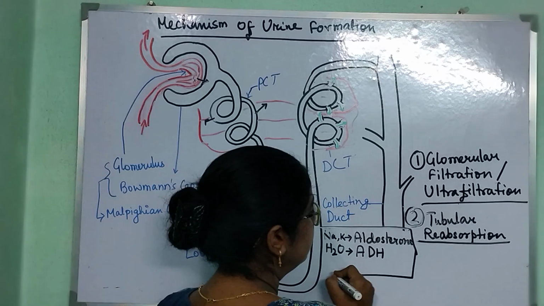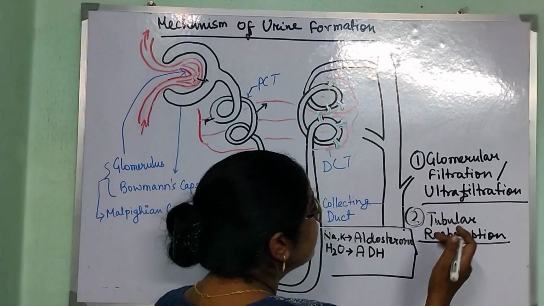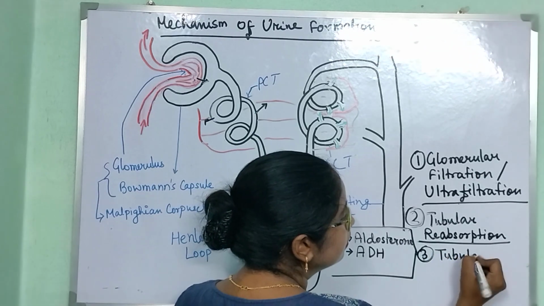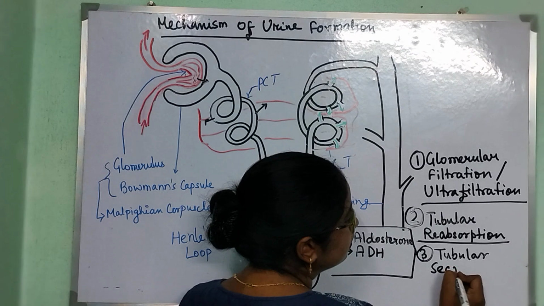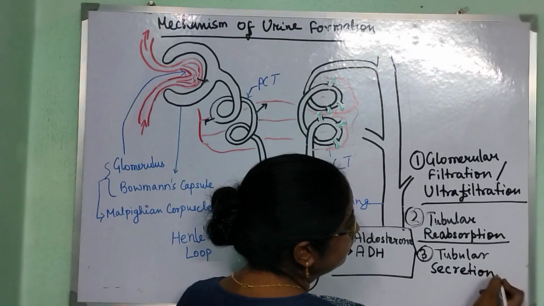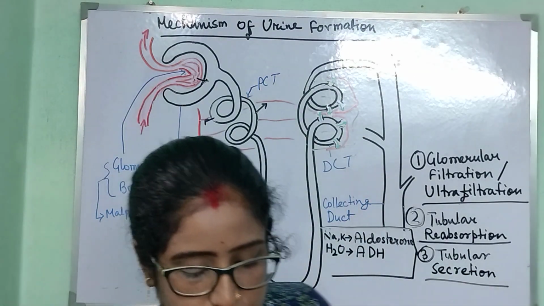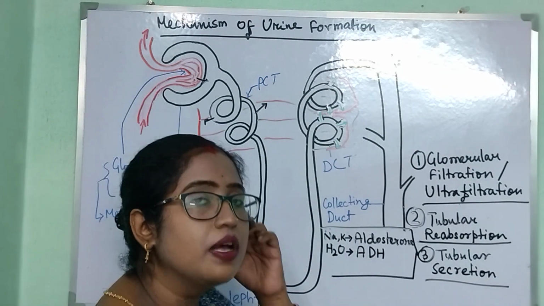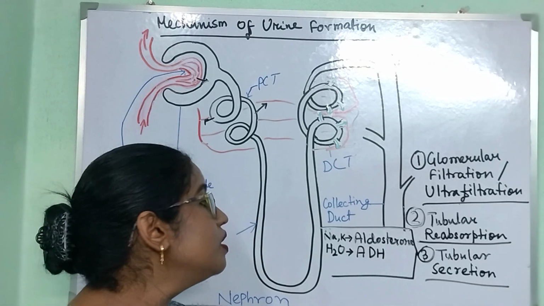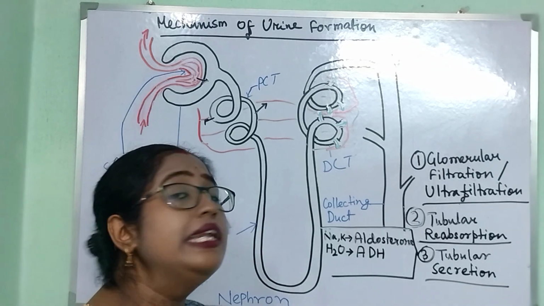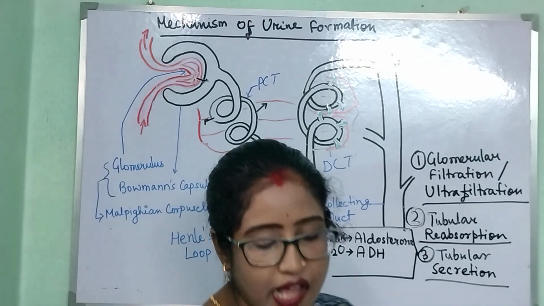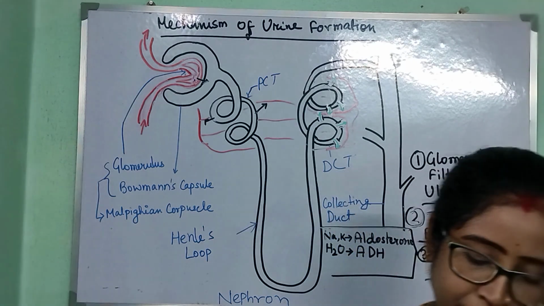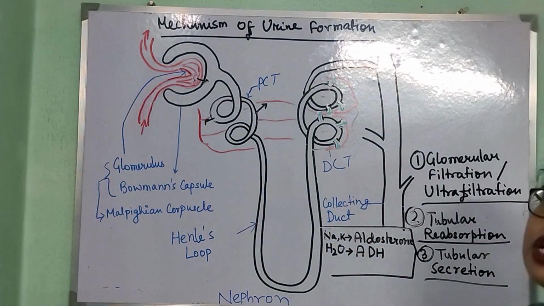The last process, or last mechanism, of urine formation is tubular secretion. Now, what do you mean by tubular secretion? In tubular secretion, some additional waste products like creatinine and the drugs that are present in the blood are secreted into the tubular fluid.